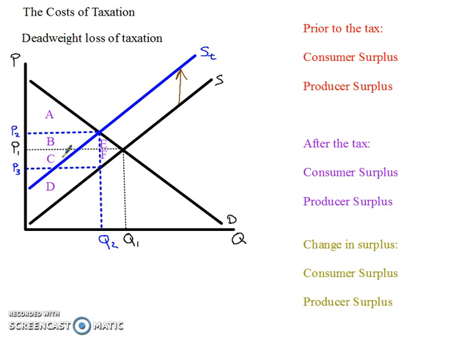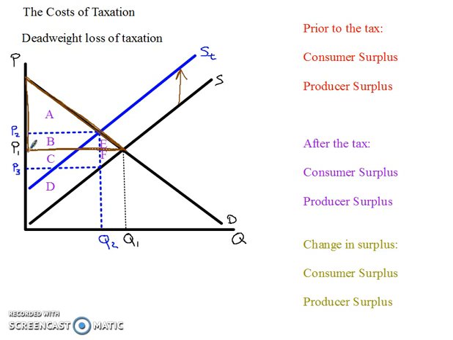Originally, if there were no tax, the consumer surplus would be the area above the price and below the demand curve. So the consumer surplus would be this upper triangle right there.